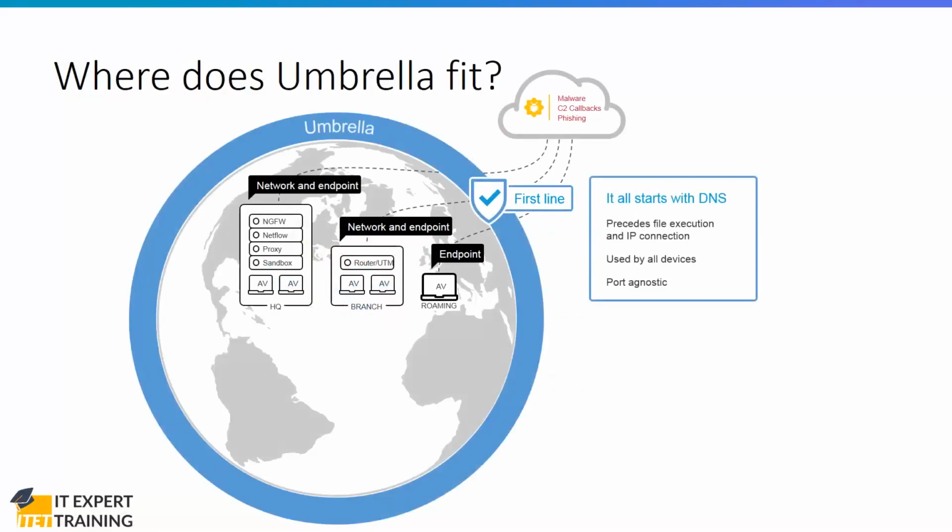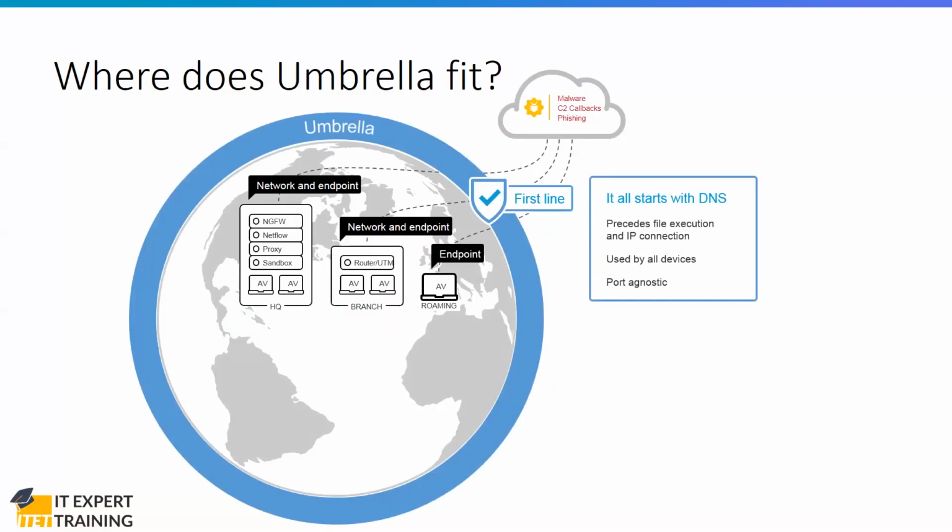So these are your environment, and this is where you can fit the security. The question to everyone: what do you use to protect your network and your endpoints? You have HQ, branch office, and roaming.